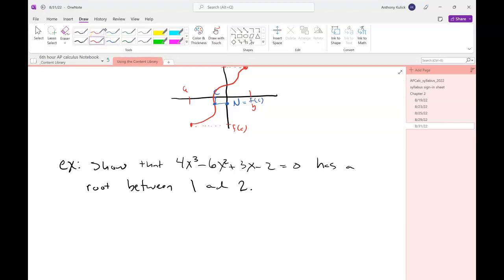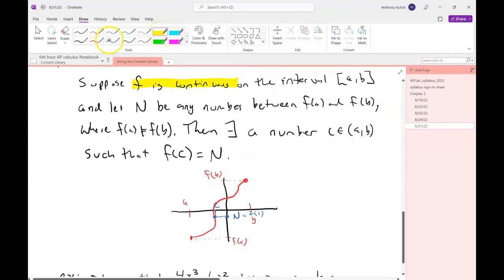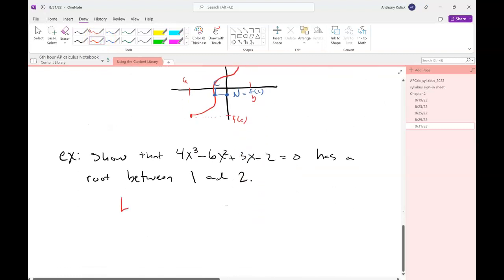If you're asked to show that something is between two things, the intermediate value theorem is an excellent tool for that. The first thing I need to do is, looking at the intermediate value theorem, the function I'm working with has to be continuous.